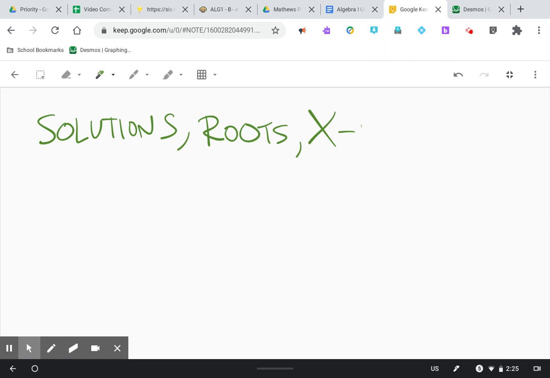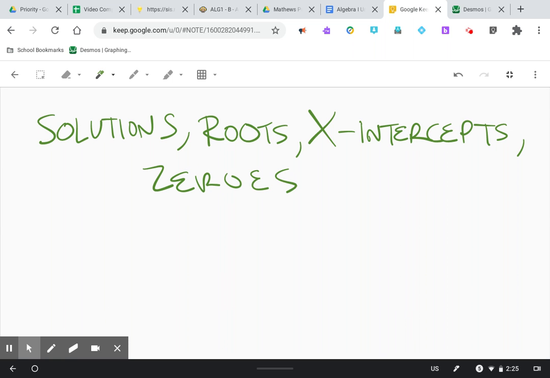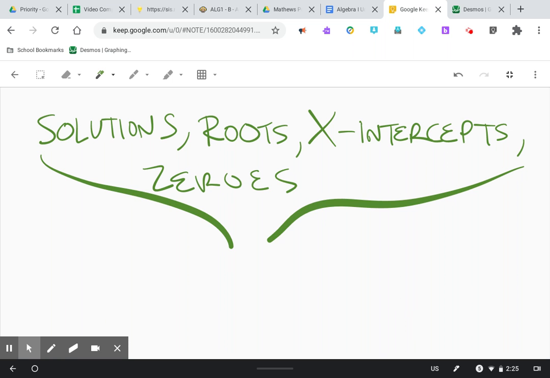So when we talk about finding the solutions of a quadratic function or quadratic equation, we might also call that the roots, the x-intercepts, or just intercepts, or also the zeros of. All of these refer to the same thing.